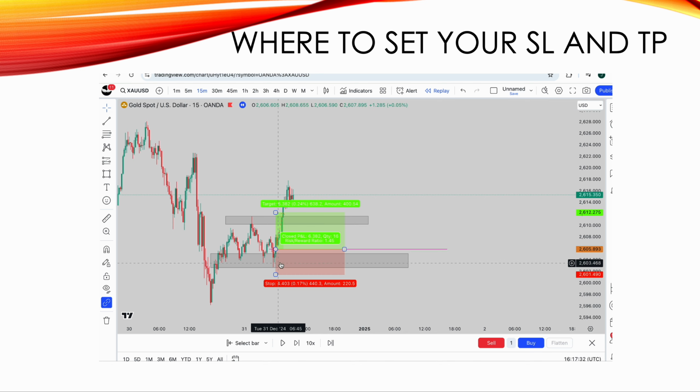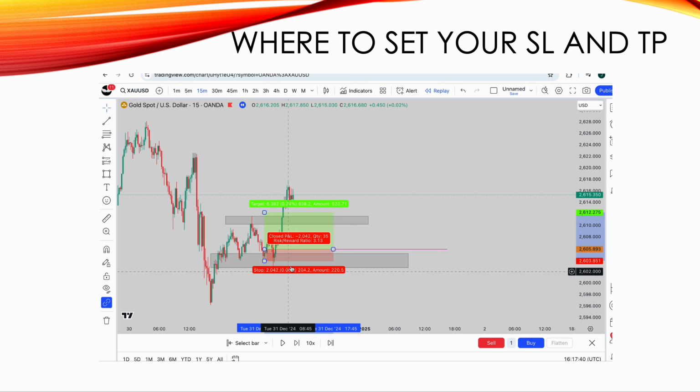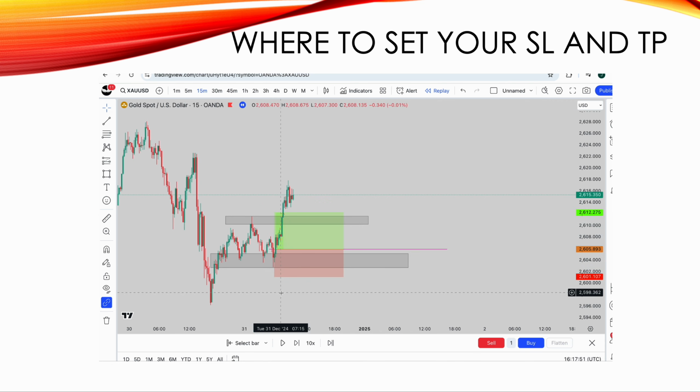A lot of the time it's going to muck about around here, and you don't want to be caught in a situation where you put your stop loss here, it's getting taken out and taken out and taken out, and then it pumps up. You just want to put it in a place where price is clearly rejecting. You want to encapsulate all of the wicks and keep your stop loss in a nice, safe place. That is the general rule.